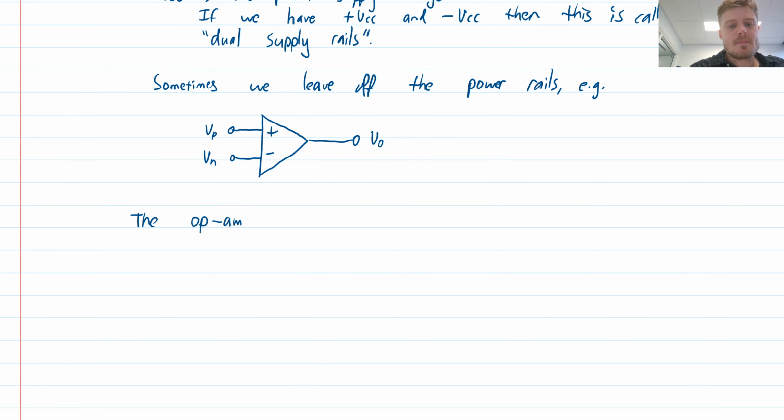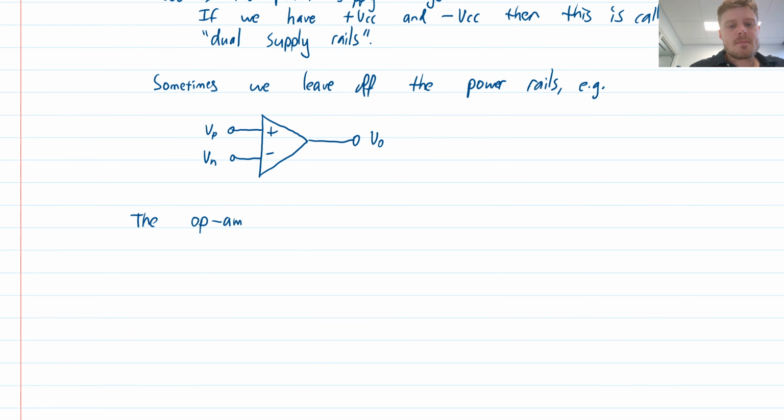So if I was to draw a graph of the output voltage, so VO for output, as a function of the difference in the input terminals, so what I'm plotting here is Vp minus Vn, then there will be some region where there's this linear function that we previously talked about, and that will be around 0. So it will be a linear regime like this.